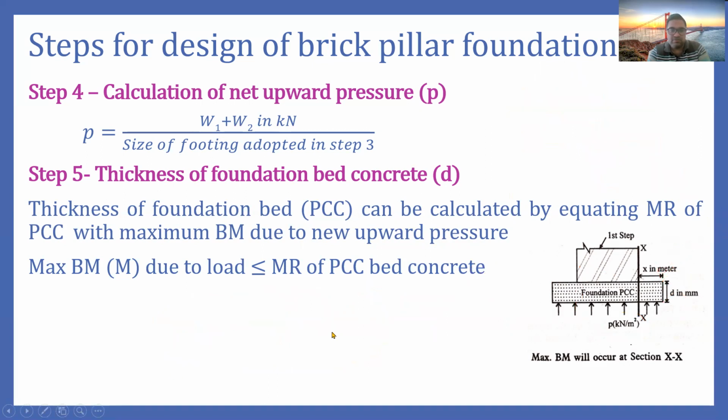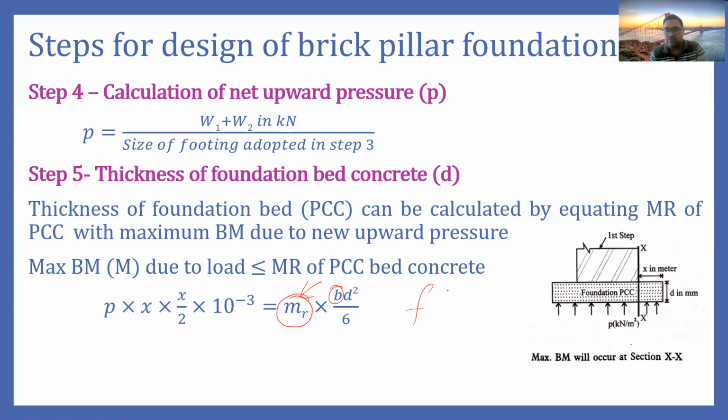I have provided the formula here. So Px square by 2 into 10 raised to the power minus 3 is equal to MR into Bd cube by 6. Now, as I said, B is taken as the unit width, so we are left only with the d square by 6, and MR is known as the modulus of rupture, or we can say the maximum bending strength of the PCC.